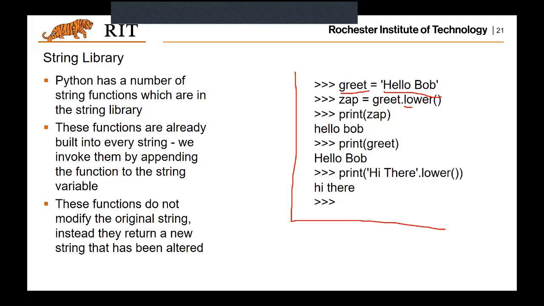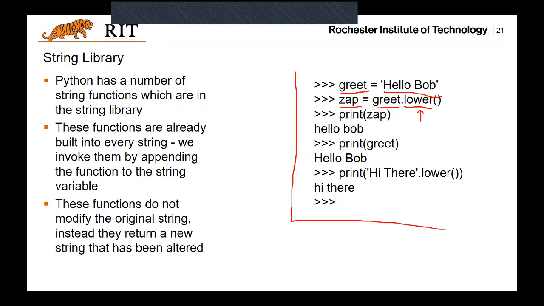There's one function called lower. If you apply lower to the original string, it will return a new string. It won't alter the original greet string. Instead, it will return a new string called dap.